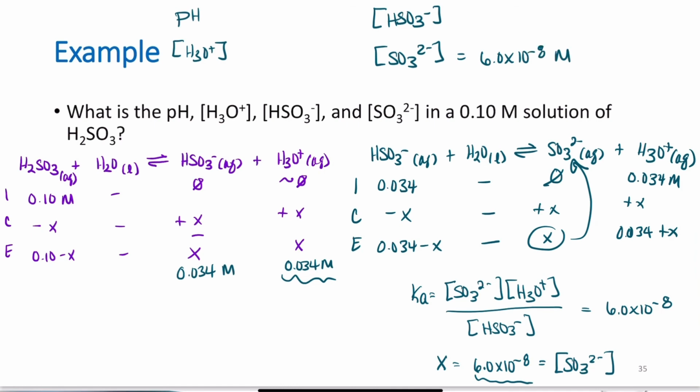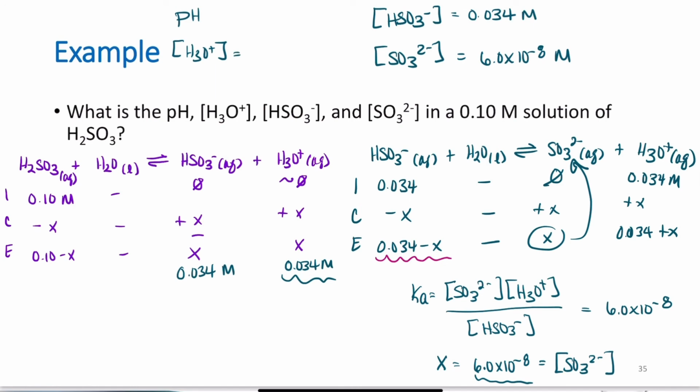What about my HSO3 minus concentration? Well, my HSO3 minus is equal to 0.034 minus x. X is really, really small. X is so small, in fact, that it makes no difference, and this value stays the same. You can check it in your calculator if you would like, but 0.034 molar minus 6.0 times 10 to the negative 8th gives me a value of 0.034 molar.